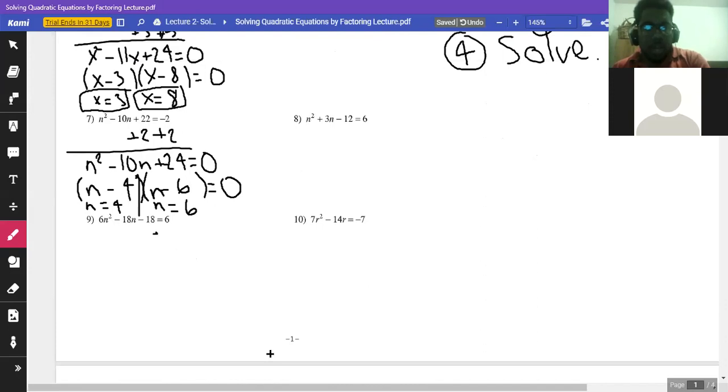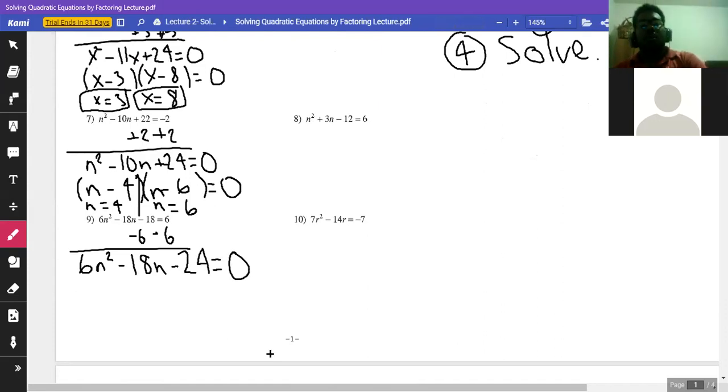All right, number 9, I'm going to subtract 6 from both sides to get the left side to be 0. Notice that 6, -18, and -24, there's a GCF I can pull out. Anyone know what it is?